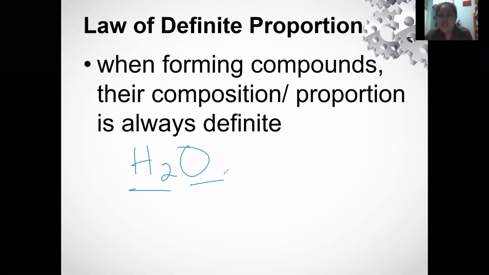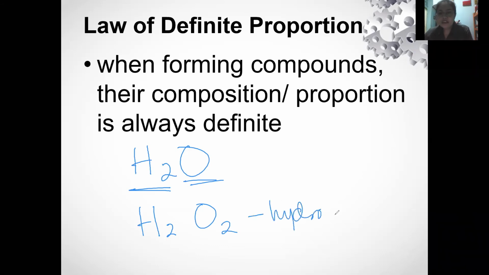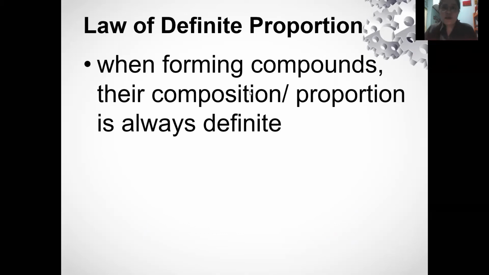Definite ang proportion ng kada element na nasa compound mo. Pag naiba ang proportion nila, ibang compound na yon. Like this one. Pag ginawa mong dalawa ang atom ng oxygen, hindi na ito water. Instead, this is now hydrogen peroxide. So again, pag sinabi mong compound, definite ang proportion ng each element involved sa compound mo. That's law of definite proportion.